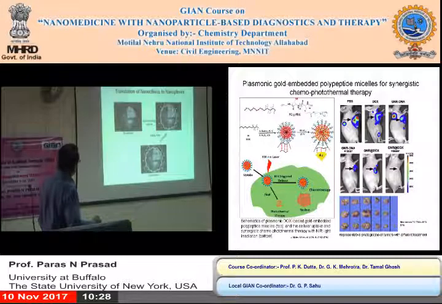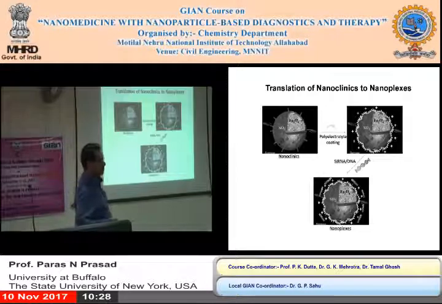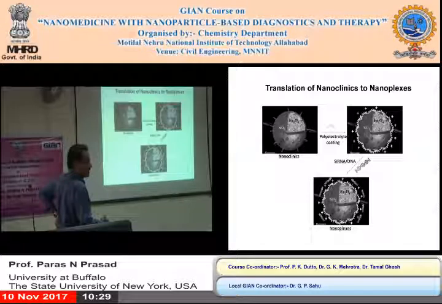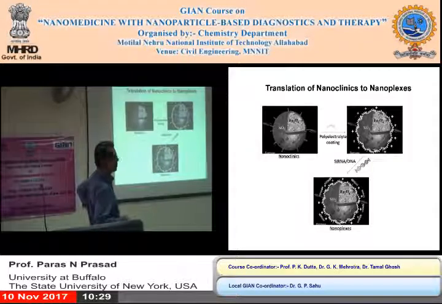Another therapy that I want to talk about is gene therapy. For that, you need to put a positive charge on the surface rather than a negative charge, so that the DNA or RNA can bind electrostatically to the surface.